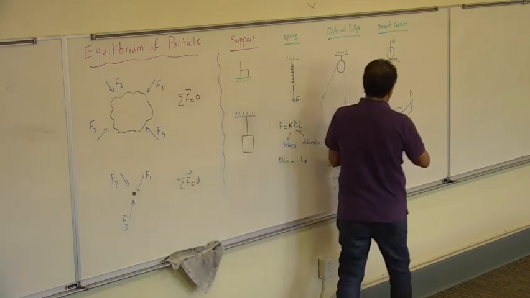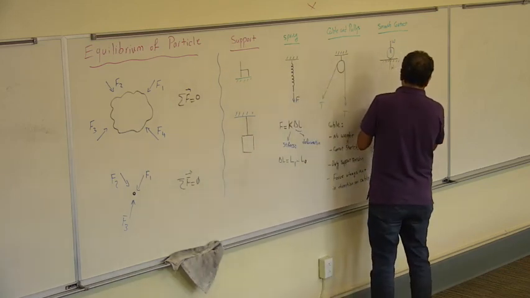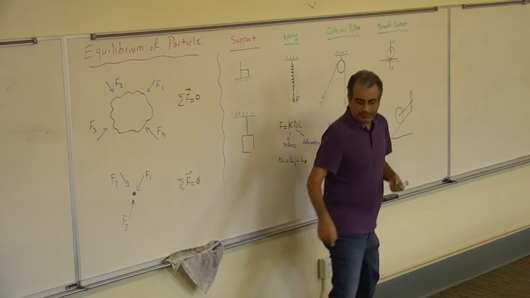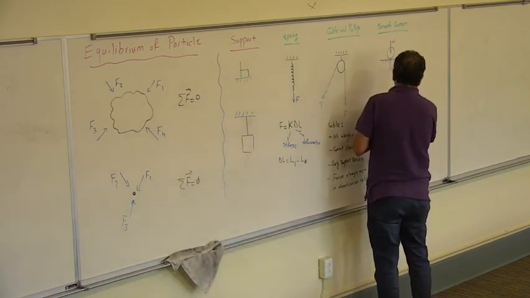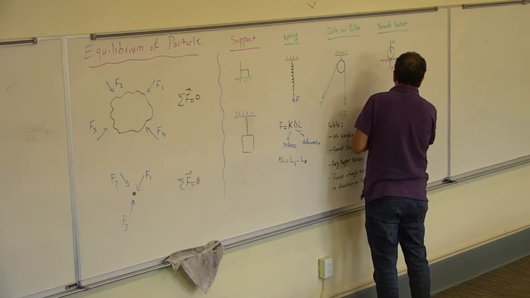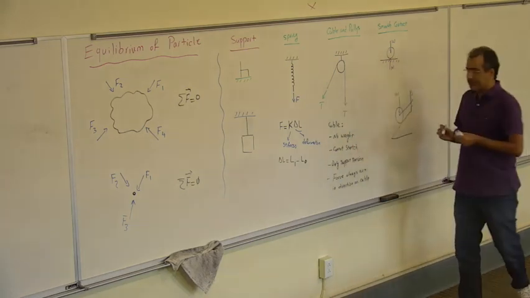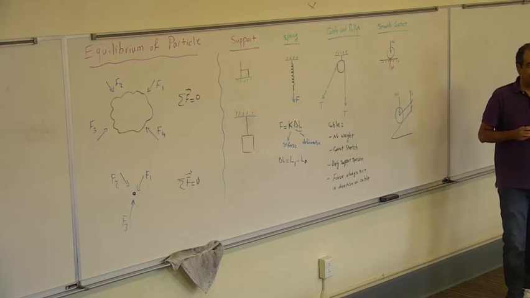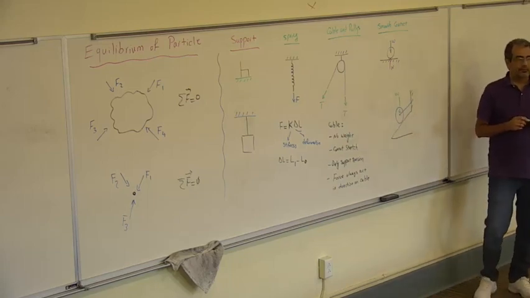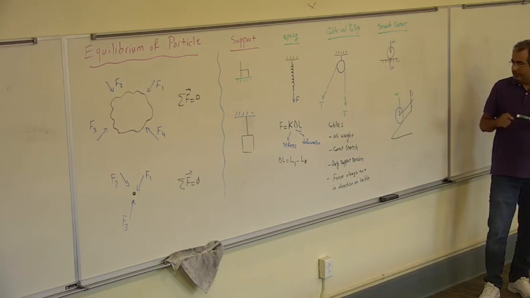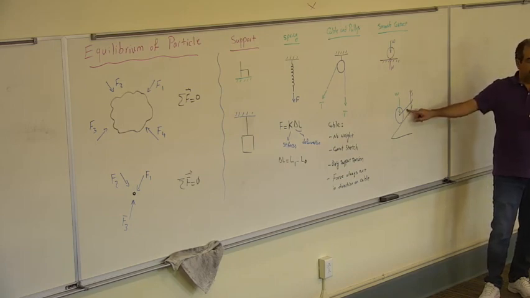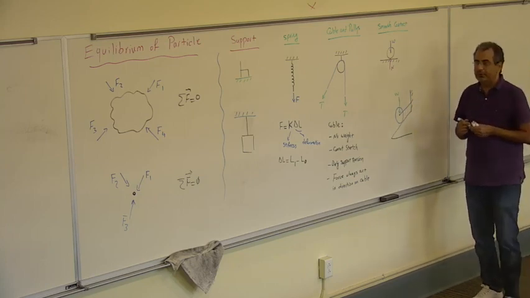So the weight would be there. What else is there? The tension of the rope. There's a rope, so it's going to be the tension of the rope.